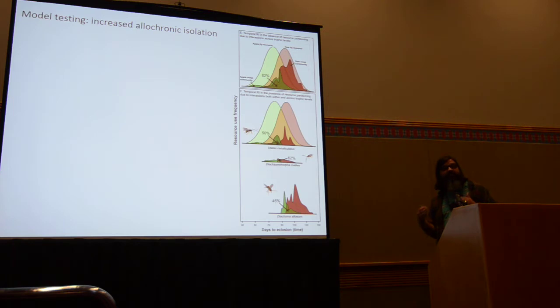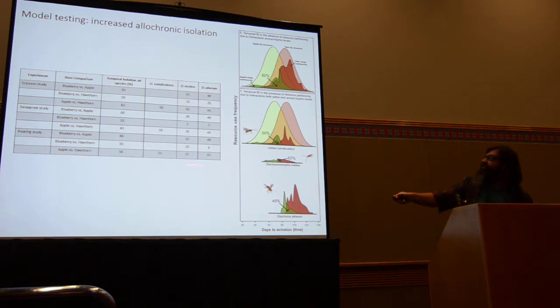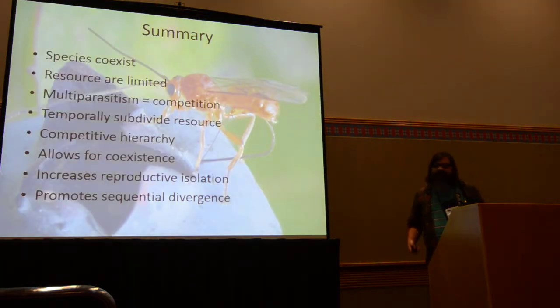So as they temporally subdivide this resource within a host, it actually increases reproductive isolation of the same species of wasps that are diverging on different fly hosts. And we see this across the board for all the different pairwise comparisons and all the different experiments. In every single case, reproductive isolation in the absence of interspecific competition is much lower than it is in the presence of interspecific competition.